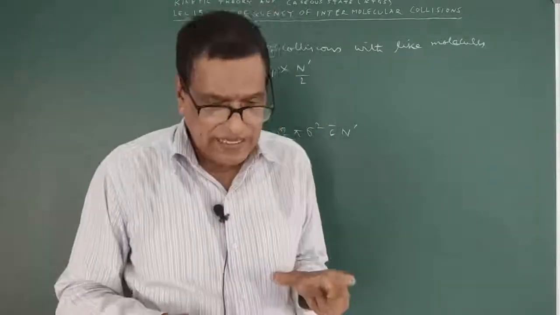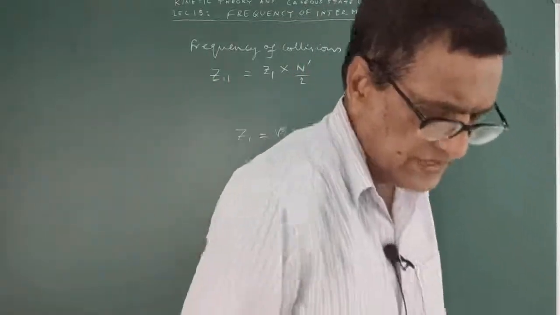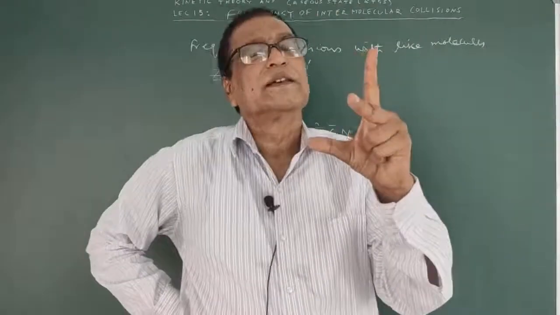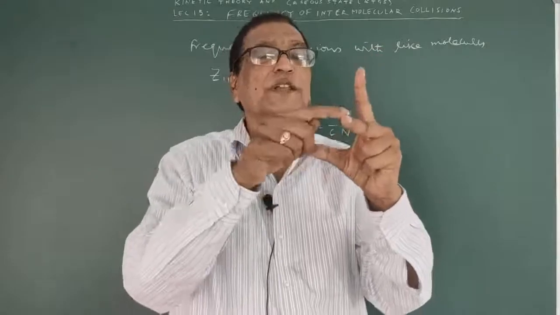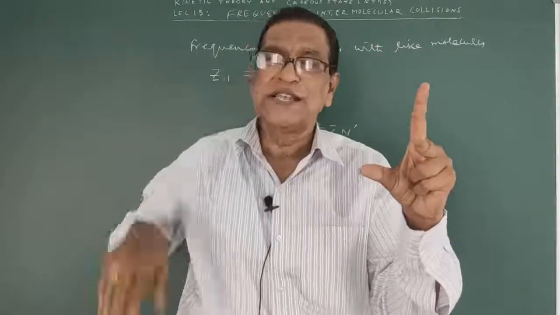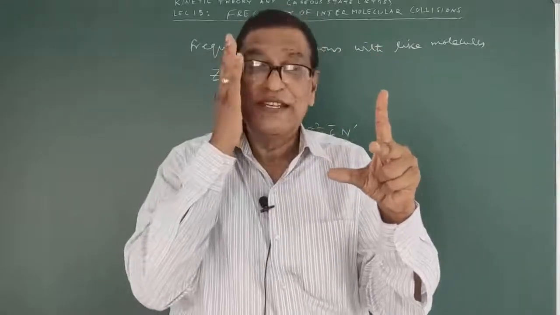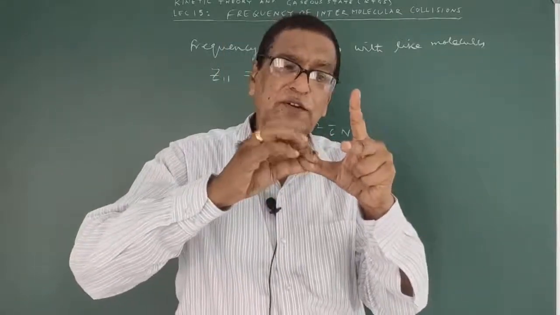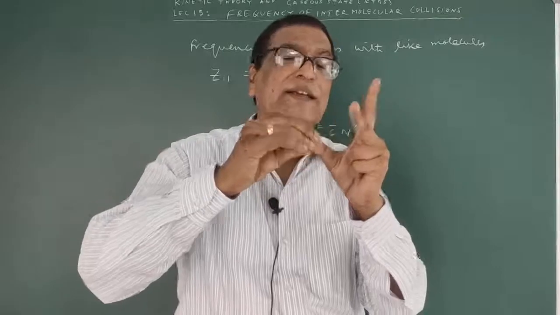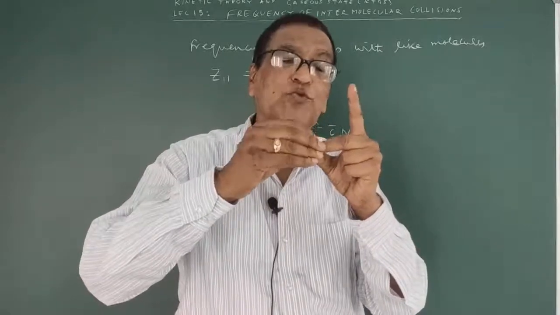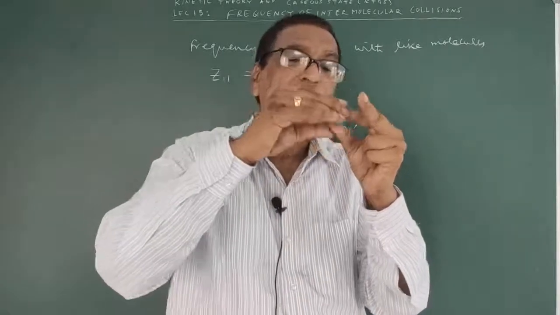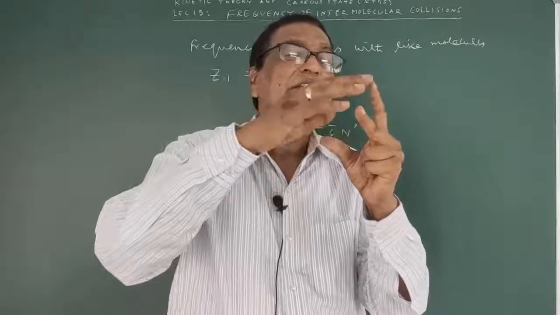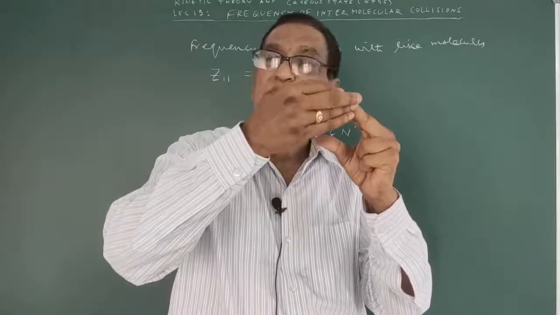Let me show you one example. Say there are 3 molecules per cc of this gas, and we are considering binary collisions. So this molecule collides with this one, 1. This molecule collides with this one, 2. This one, 3. This one, 4.